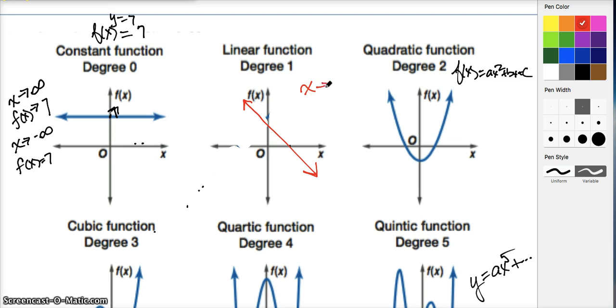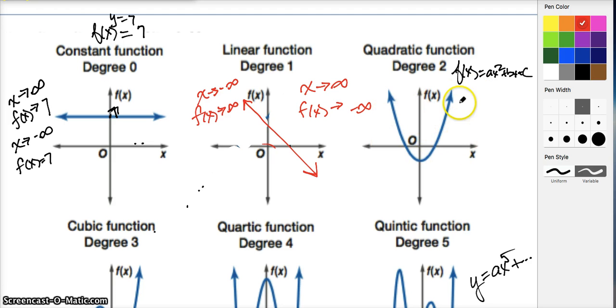As x goes out to positive infinity, as x is going this way, f of x would be going to negative infinity because it's going down. Are you guys with me? I hope so. And similarly, as x goes to negative infinity, f of x on this side is going to positive infinity, right? It's just going up forever and ever.